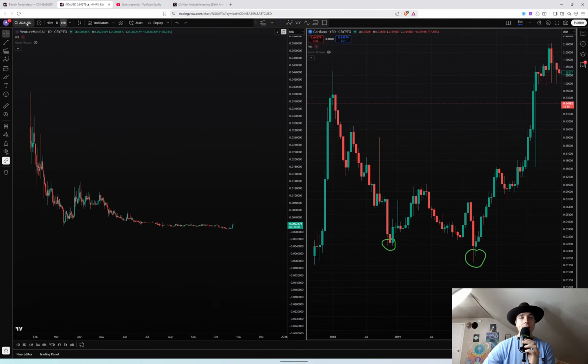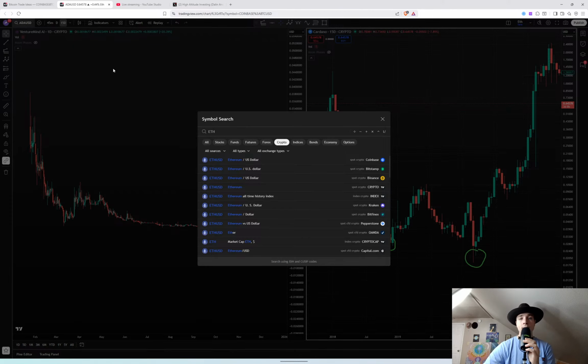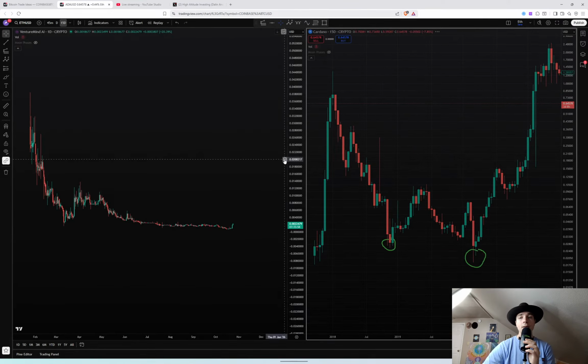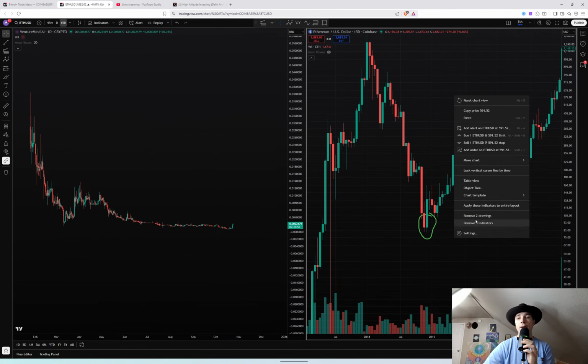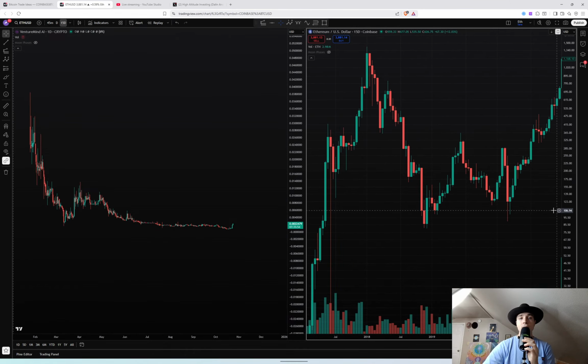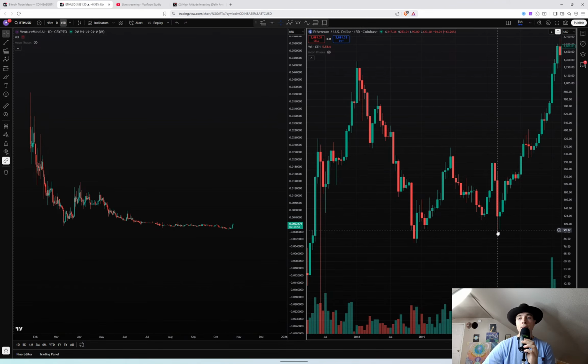Now, if we pull up Ethereum, it did the same thing as Cardano, except it did not go for a lower low. It just went for a higher low. So we have the same big correction, the same brutal thing, but it went for a higher low. Here's our low, then we have a higher low.